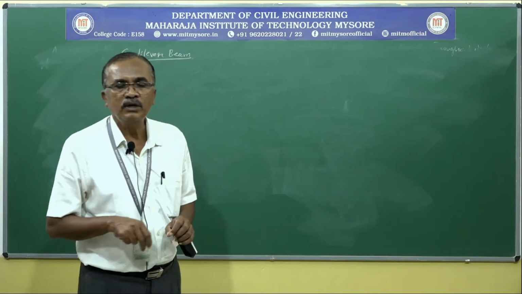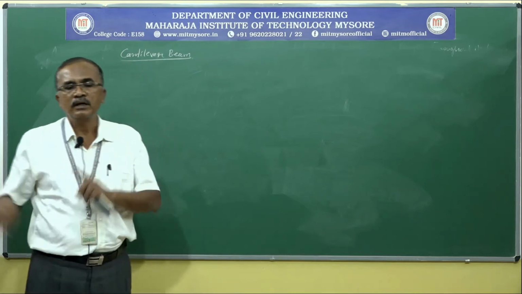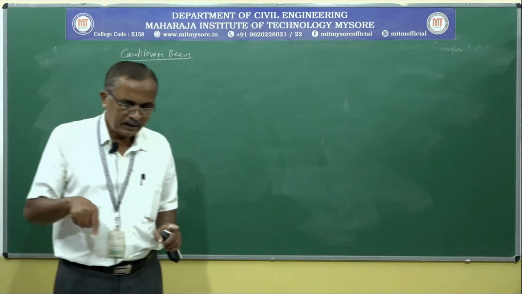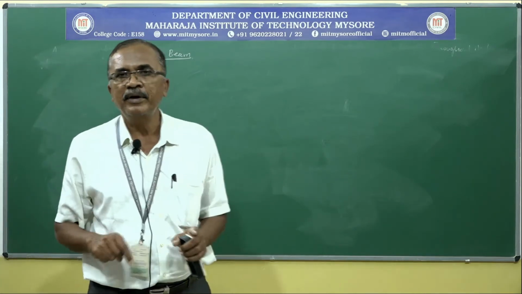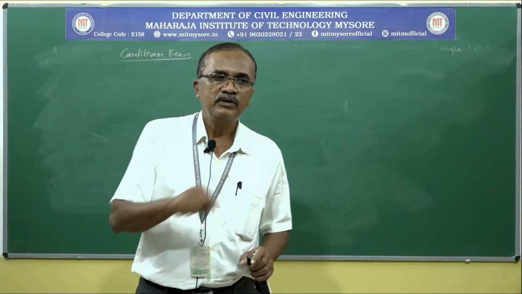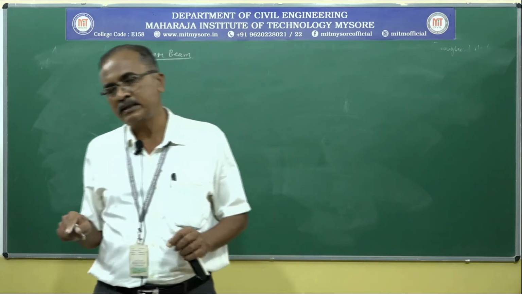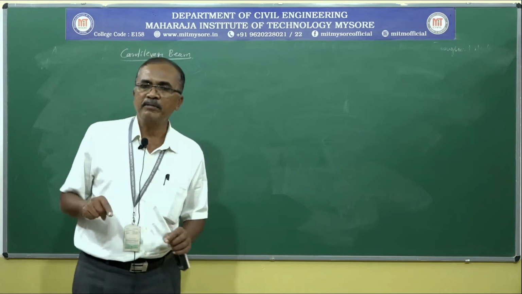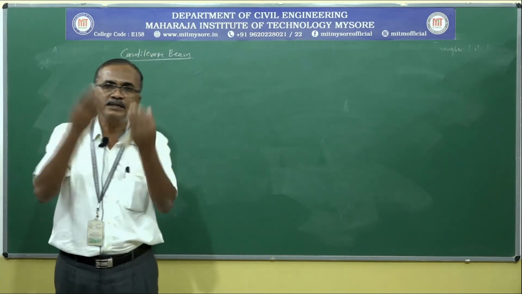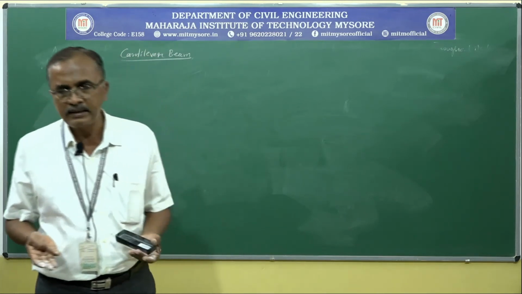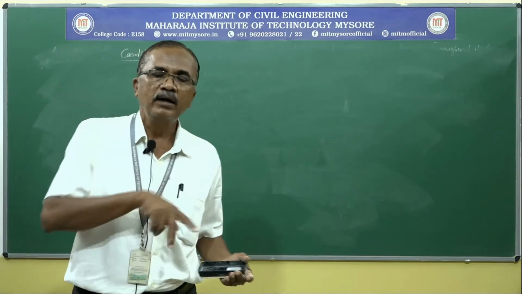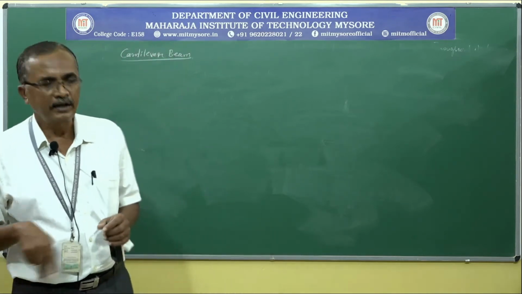So we have seen both downward bending and upward bending. As a result, we got both sagging bending moment and hogging bending moment. So in the majority of problems, we come across positive bending moment and negative bending moment. Positive bending moment shows that it is sagging, and negative bending moment shows that it is hogging.